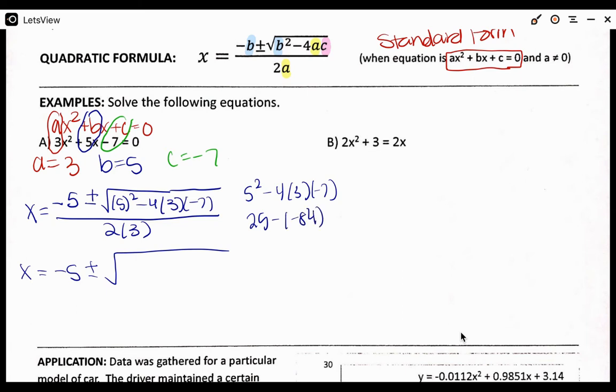Two negatives, remember that makes a positive, so 25 plus 84 is 109. So all of this turns to 109. And then this is all over 6. Okay?